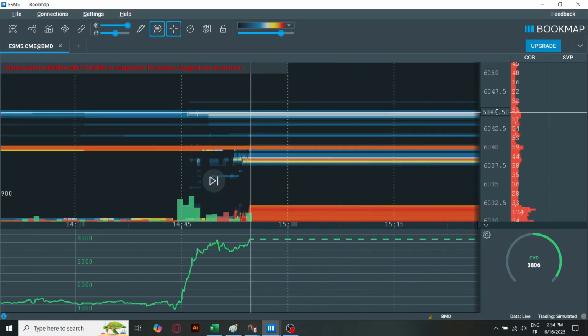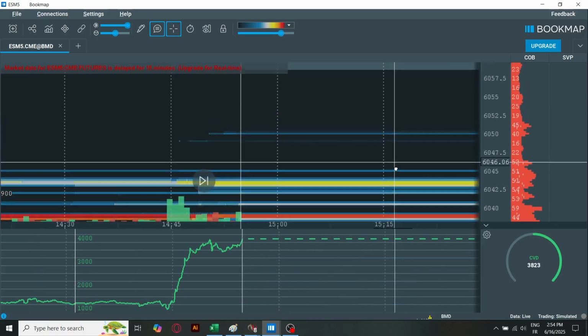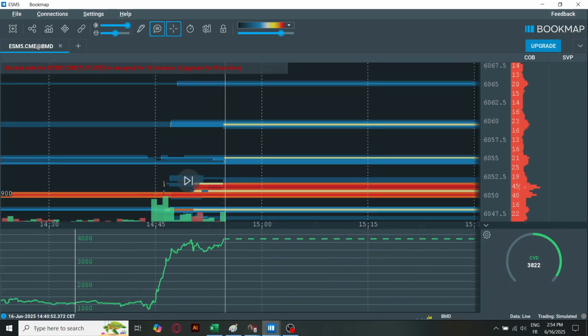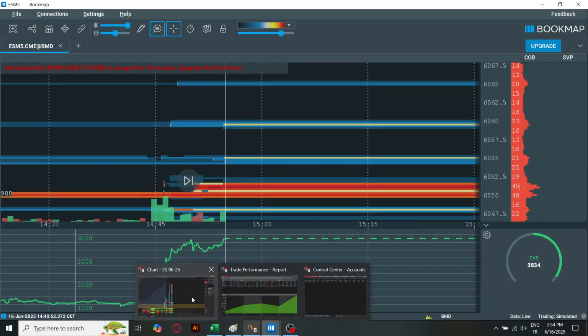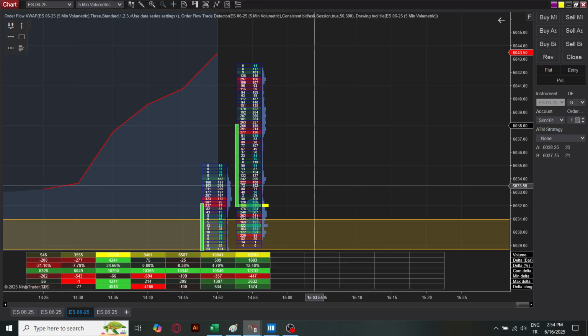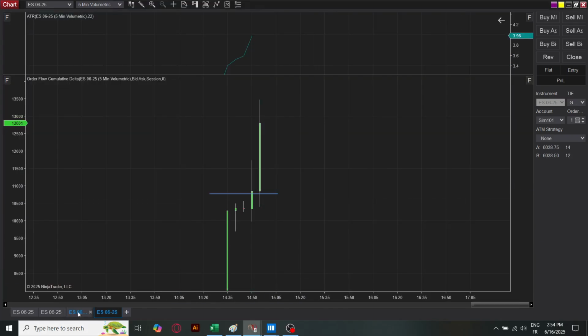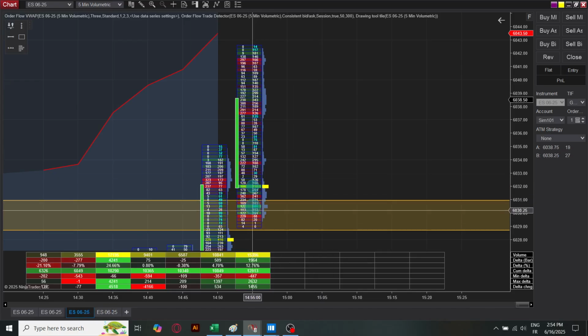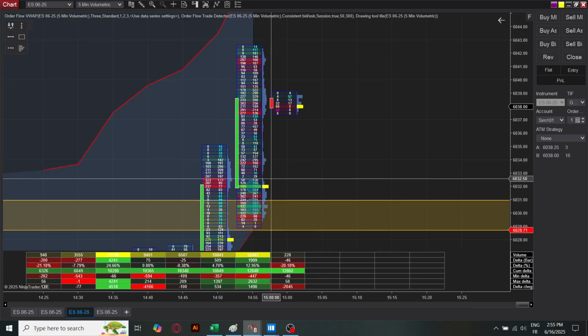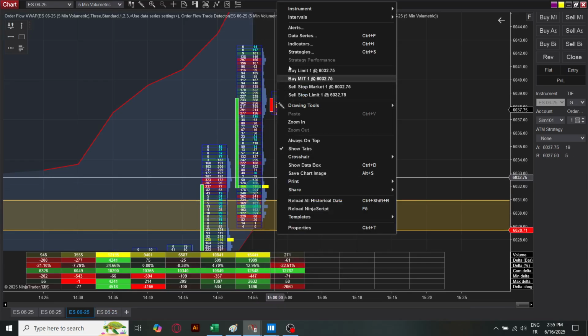There are no strong sell limits here, so it must be an easy bullish move. I'll wait for the close, and then I will put my entry just above this area because this is a very strong support right now.